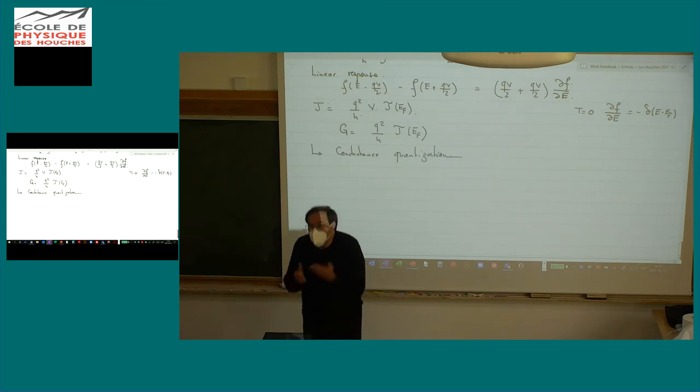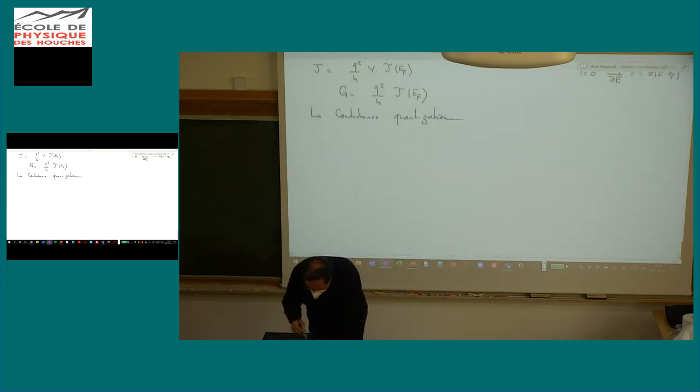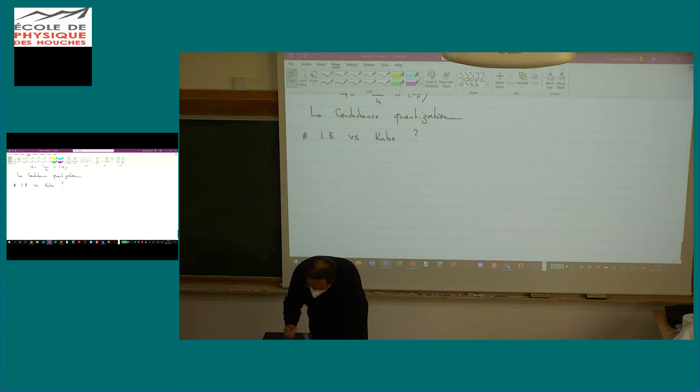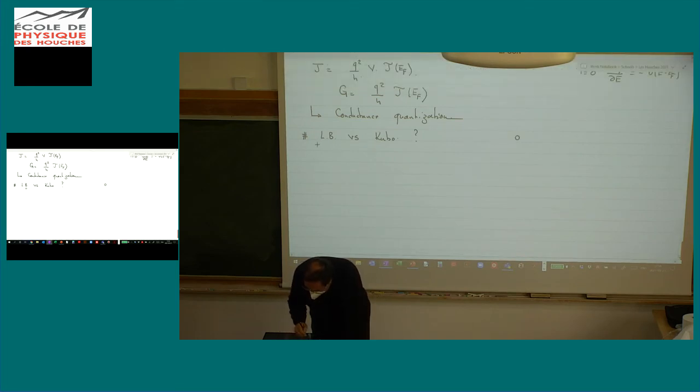And of course, if the transmission is not 1, in principle, you can compute the transmission. So what is the catch with Kubo? And we'll finish with that. It's a relatively subtle one.